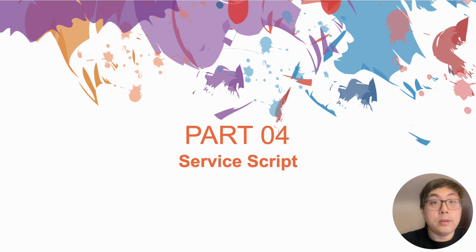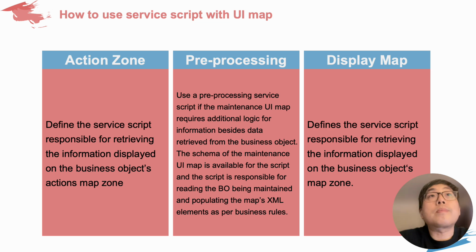Right, moving on to the service script. There are different uses of service script, and I'm just going to talk about three cases which are quite useful. The first one is the action zone.